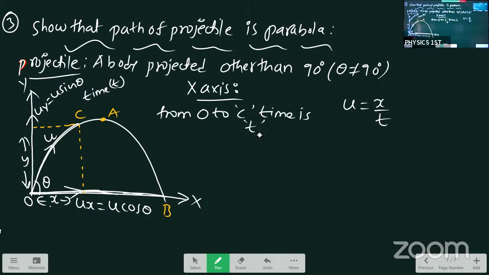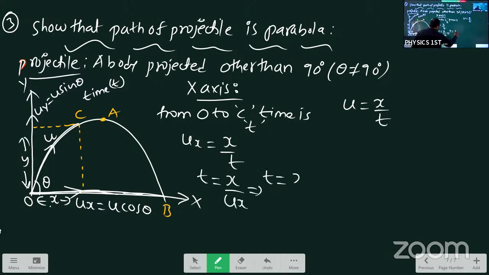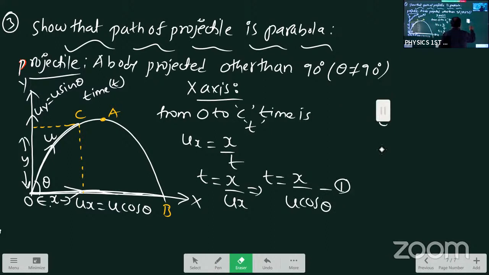Along the X-axis, velocity is Ux, equal to displacement by time along the X-axis. What is the displacement? x. Now t equals x by Ux. From this we can get the first equation. What is the Ux value, student? U cos theta. This is equation number 1.